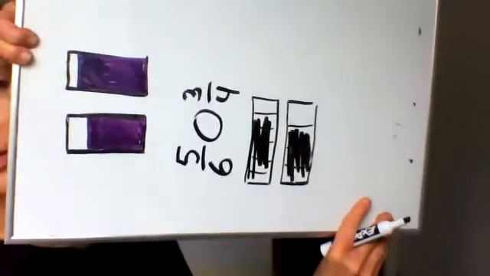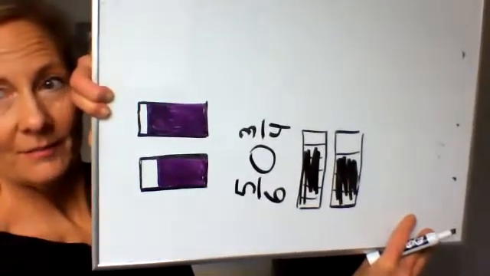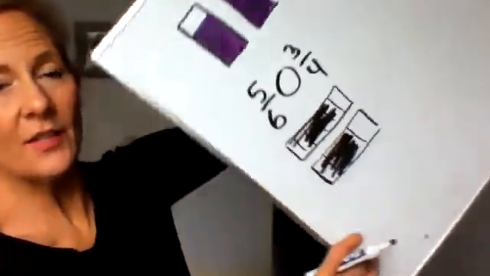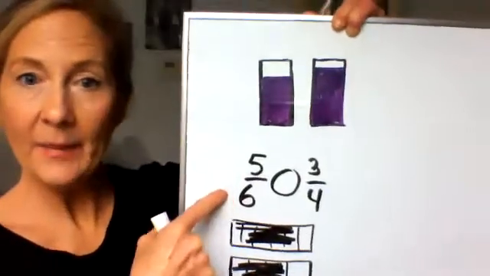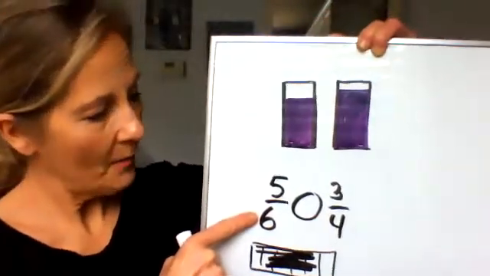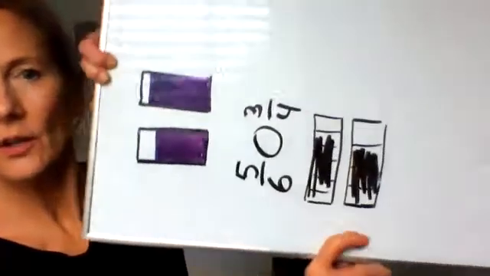And these are not exact, but think about which one has less to go to be full, because that's the one that's going to have more in it. So you kind of are still thinking about how big a part the denominator is describing. But in this case, we're saying how much is left till it's full.